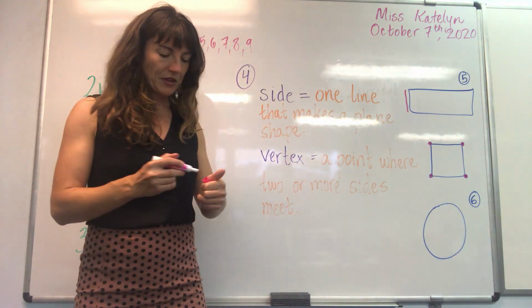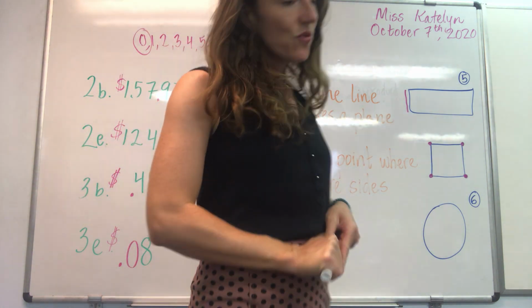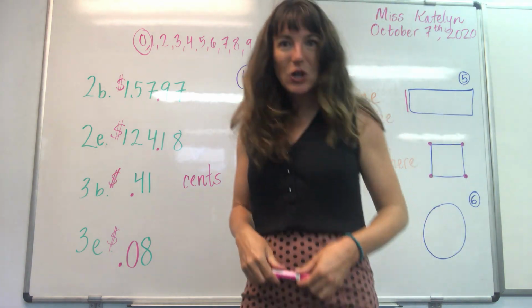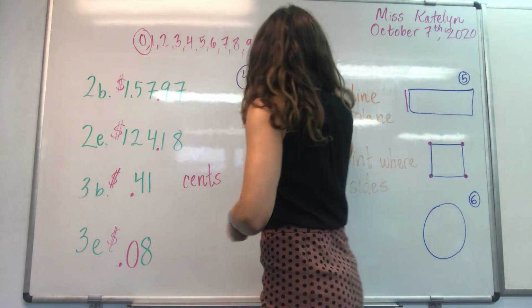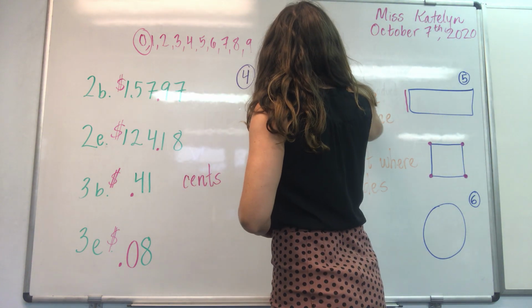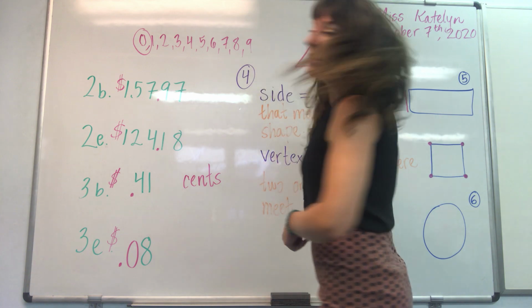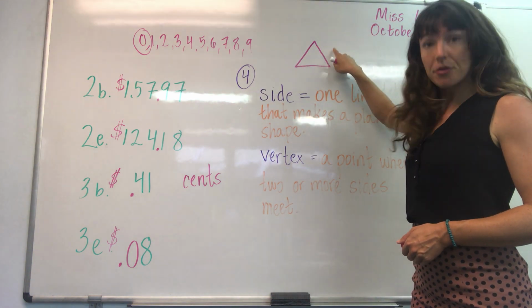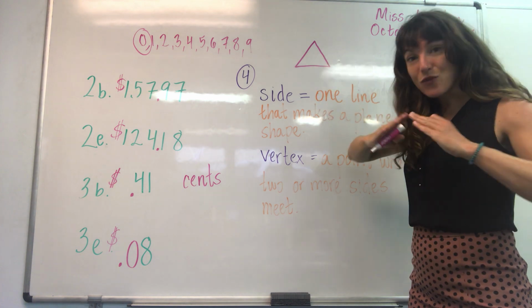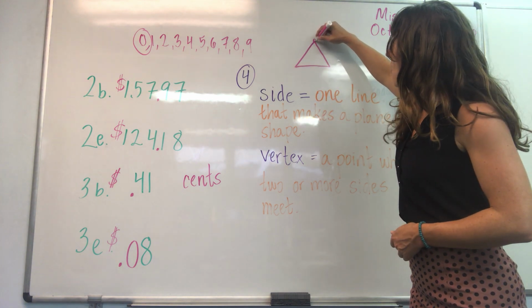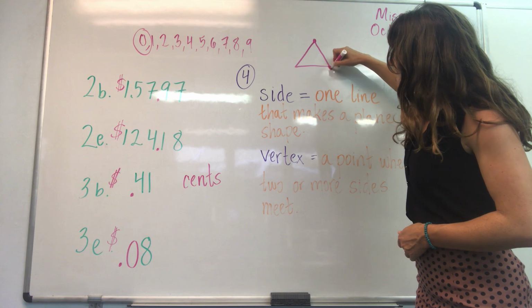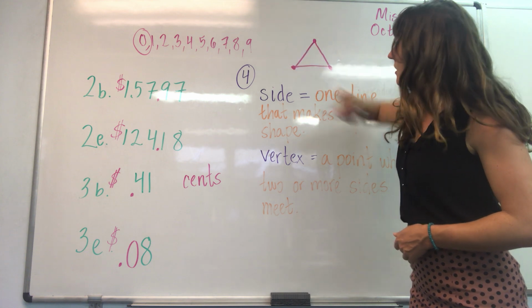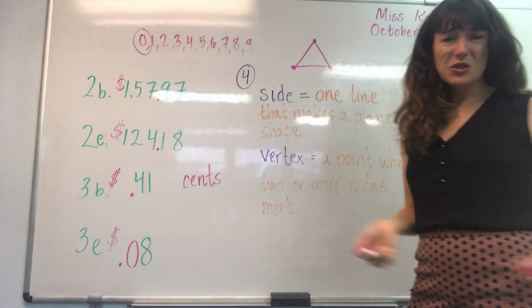All right, so here we go. Section 4, the triangle. How many sides does a triangle have? 1, 2, 3. And how many vertexes does this triangle have? 1, 2, 3. Okay? That's how you do section 4.